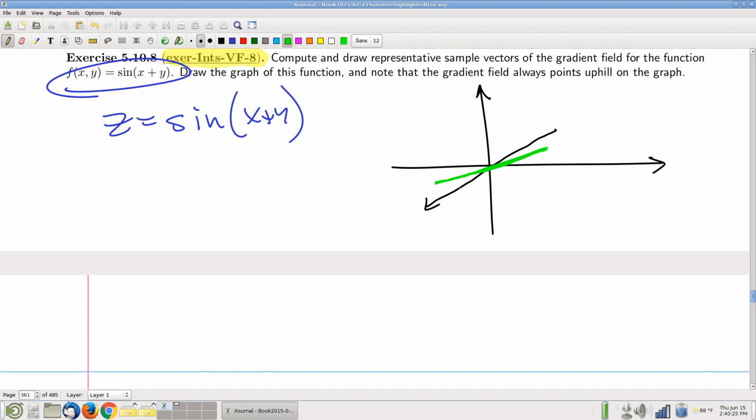As you look at different values of x plus y, you're going to get different lines, all parallel. And as you move more in that direction, the argument of sine gets bigger and bigger, and so you're going to follow the pattern that sine does, which is up and then down, then up and then down.